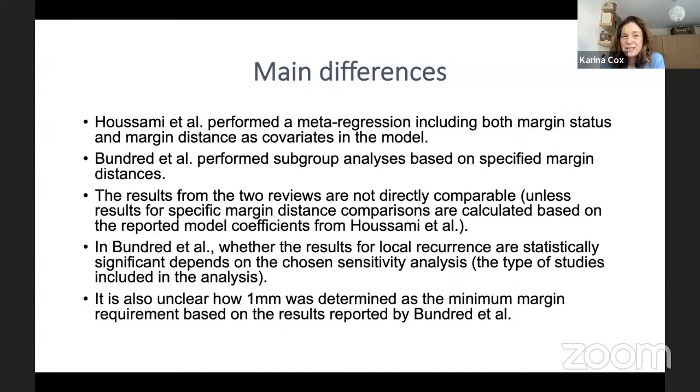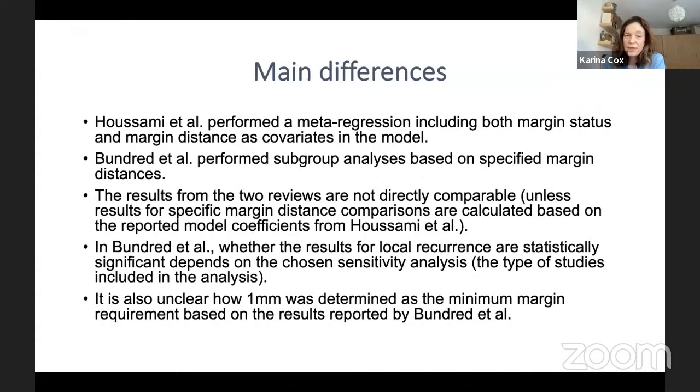That assumes these aren't linked, which some people might have problems with, whether margin positivity and the threshold are linked or not, but that's the assumption they made. Whereas Bundred et al. performed subgroup analysis based on specified distances. So the results are not directly comparable, just because they use slightly different statistical methods.